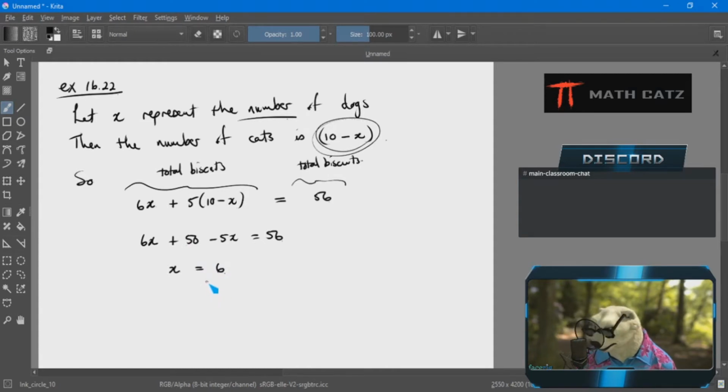Now, that is essentially the answer, but it's not complete. It's not really in a language that the question had. So I want to just wrap it up with a concluding sentence saying there are 6 dogs because X corresponded to the number of dogs, and therefore 4 cats.